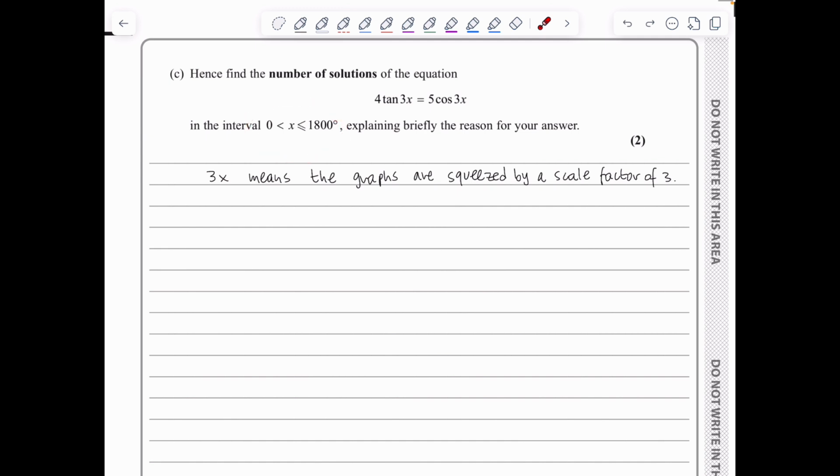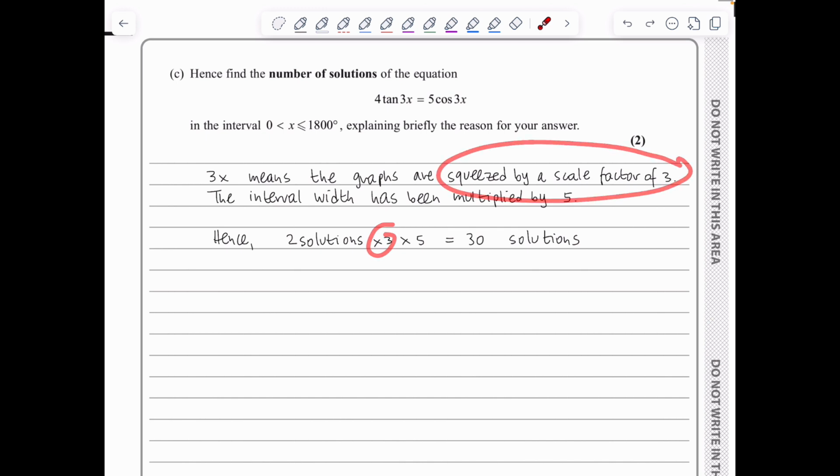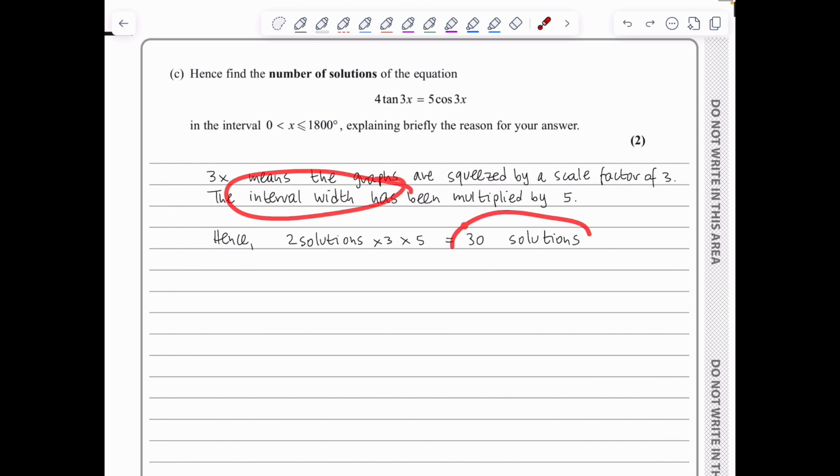The interval width was originally 360, it is now 1800, so we have multiplied this width by a scale factor of 5. Therefore we've got 2 solutions in the original equation, times 3 because of the squeezing by the scale factor of 3, times 5 because we've got a larger interval, leading to a total of 30 solutions.